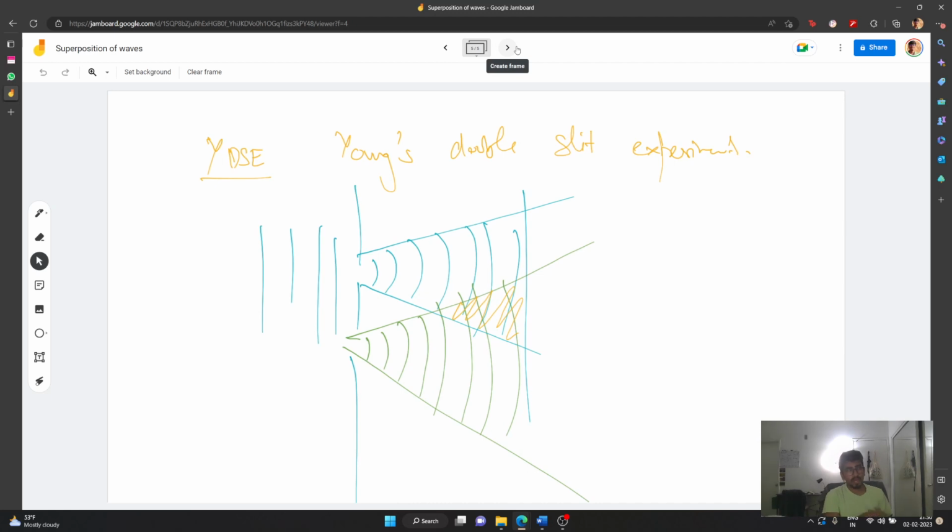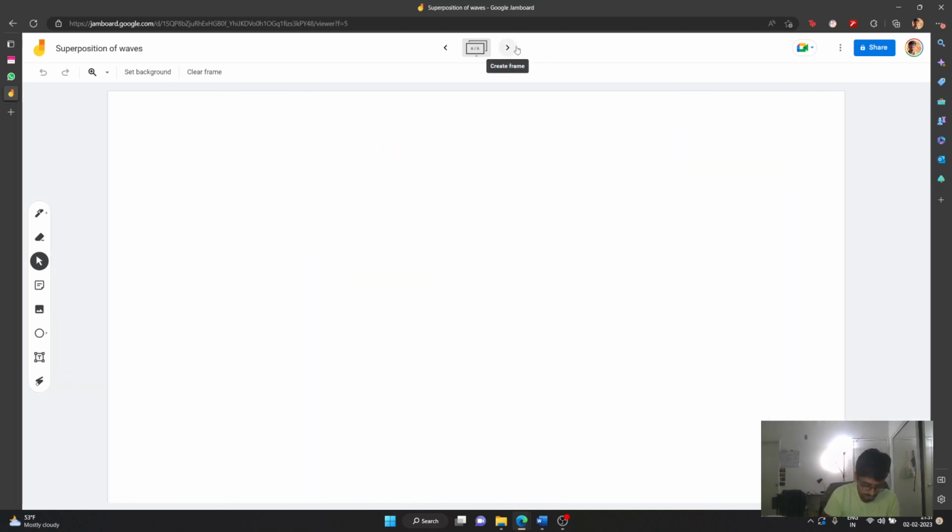So what will happen is interference. What will happen is superposition. These two waves will interact with each other, and one wave might try to push it up, one wave might push it down. So we have to see what will happen. So let's analyze this in a little more depth.